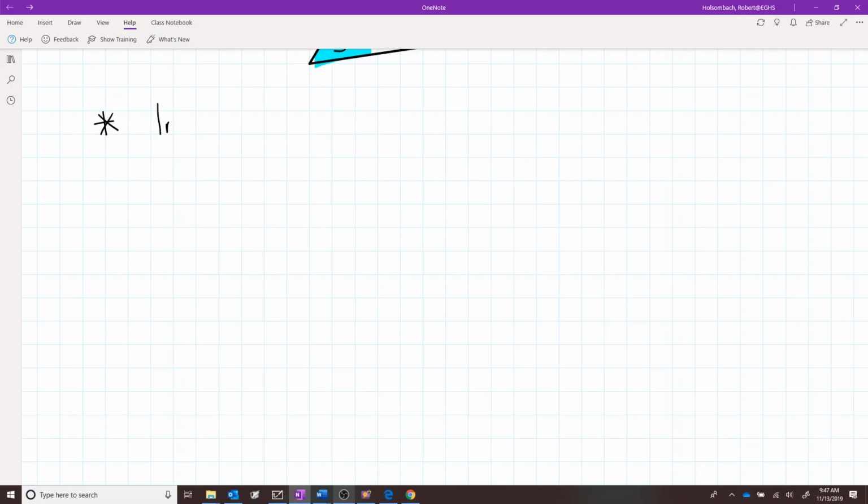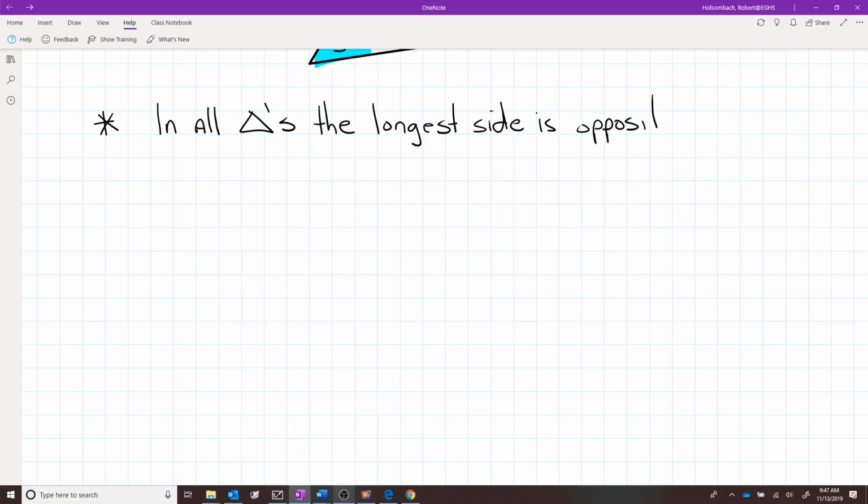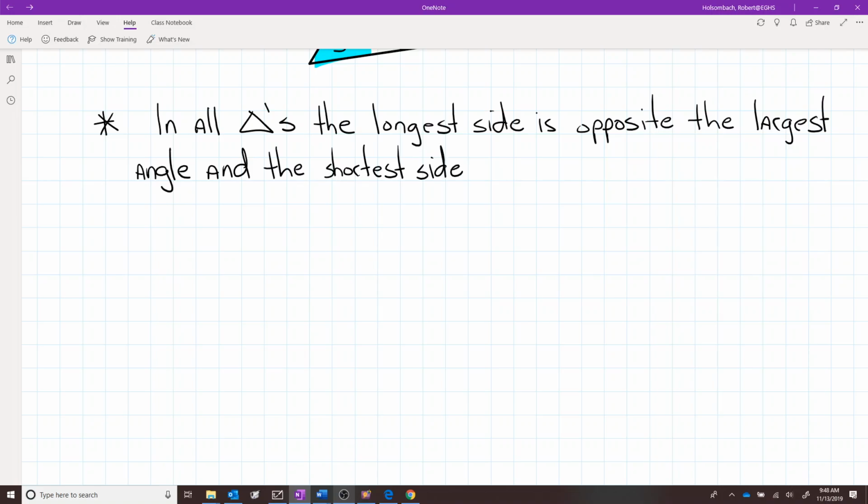And we're going to say that in all triangles, the longest side is opposite the largest angle and the smallest side, let's say shortest side, is opposite the smallest angle.